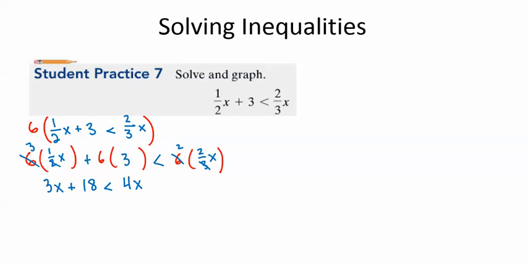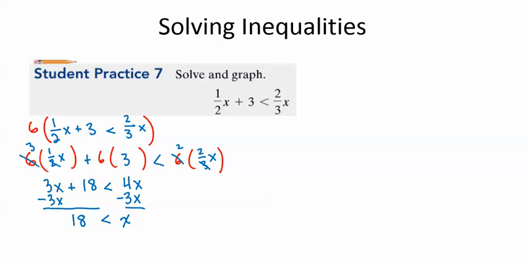Now I can use either what I call the green method or the blue method. In this case, because I have nothing else on the right side, I'm actually going to subtract 3x here. So sometimes I'll use one method and sometimes I'll use a different method. It's great to be able to have both methods in your toolkit there.